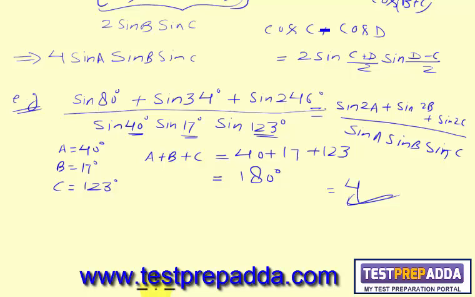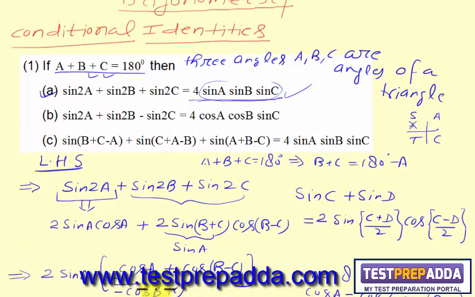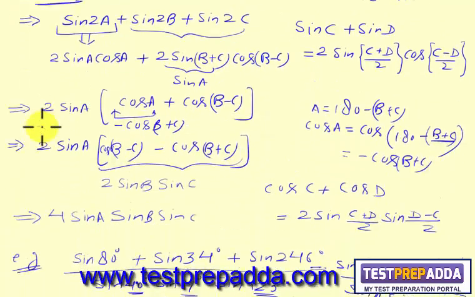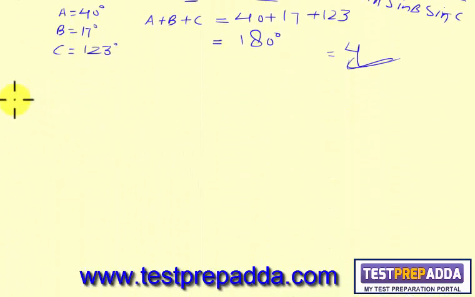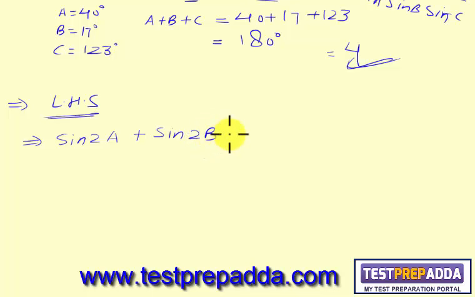Okay. Now I'll take another one where it is given sin 2A plus sin 2B minus sin 2C. This time minus sin 2C, and we have to prove it equals 4 cos A cos B sin C. Okay, so I'll take the left hand side, LHS, which is given as sin 2A plus sin 2B minus sin 2C.